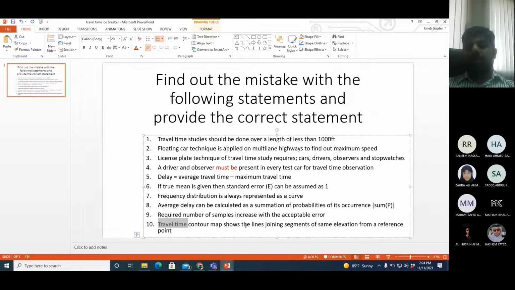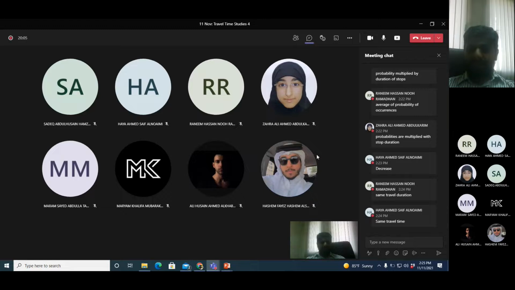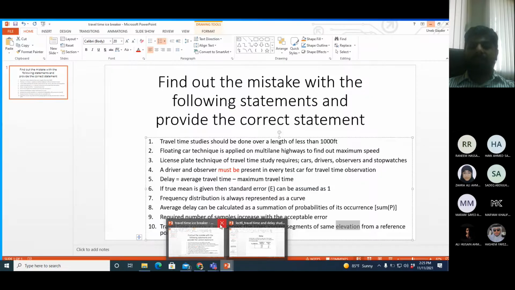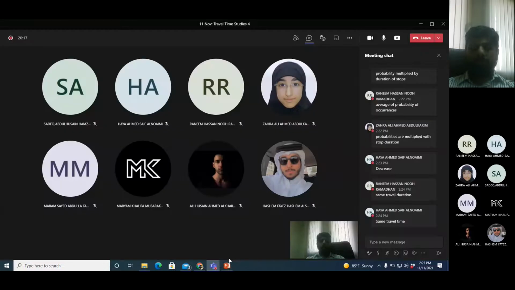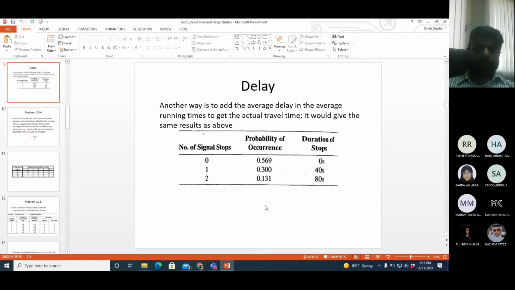Or keep the start as it is, remove elevation and replace it with travel time. So these are the possible variations. Whatever we have done in the travel time topic is now reviewed, so I can move forward.